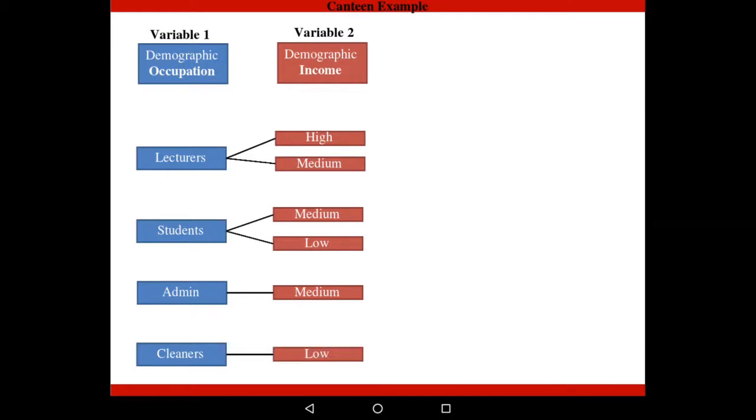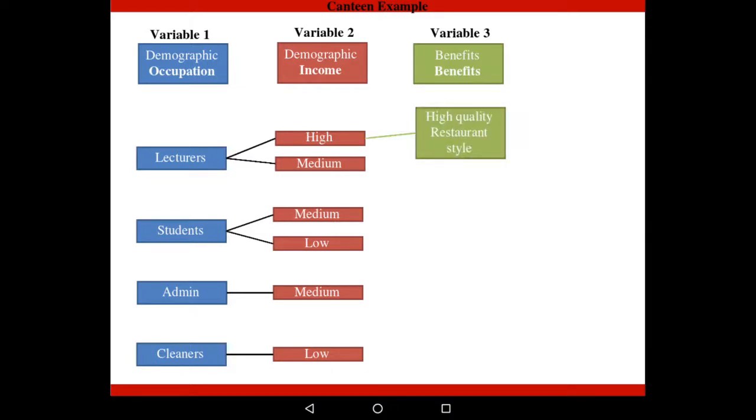So now we have how many segments? 1, 2, 3, 4, 5, 6. 6 in total. Then the next variable is benefits. Okay, so you have those who want a high quality restaurant style, right? So those are the high income people who want that kind of restaurant vibe where they get served by someone.